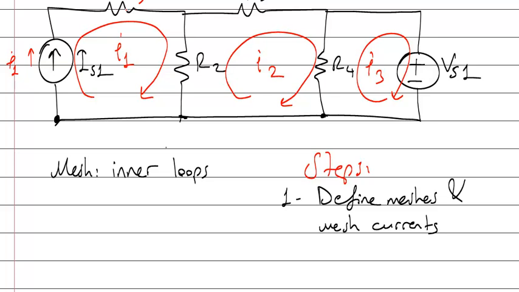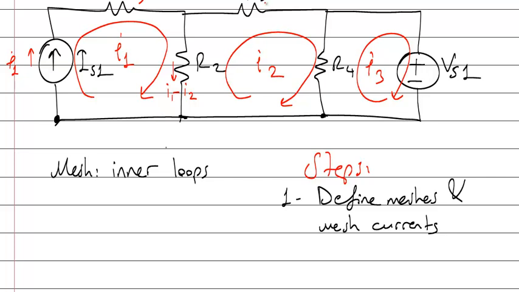I will define all currents in the form of mesh currents. What's the current on R2? I1 is flowing down through the bottom side, and I2 is flowing upwards. So I1 is in the same direction, I2 is in the opposite direction. I1 minus I2.